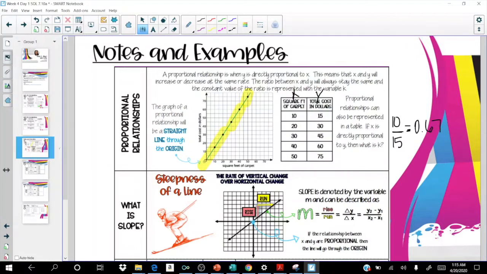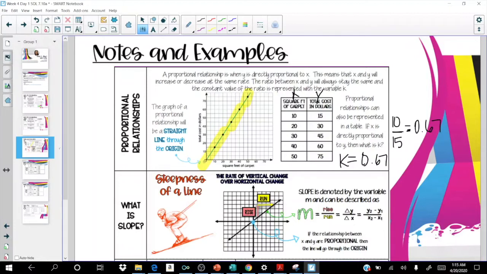Okay? So K is equal to 0.67. That is your constant, and that will be the same for all of the relationships between X and Y in the table. 20 divided by 30 is 0.67. 30 divided by 45 is 0.67. You can check it with your calculator.